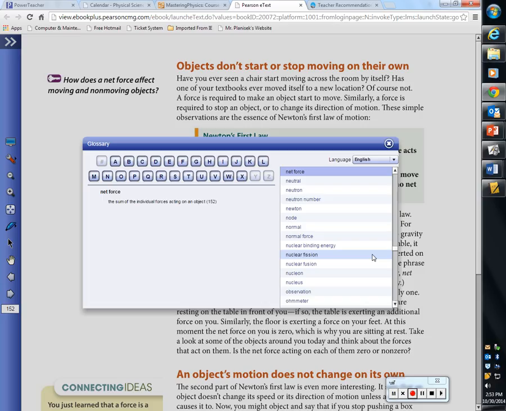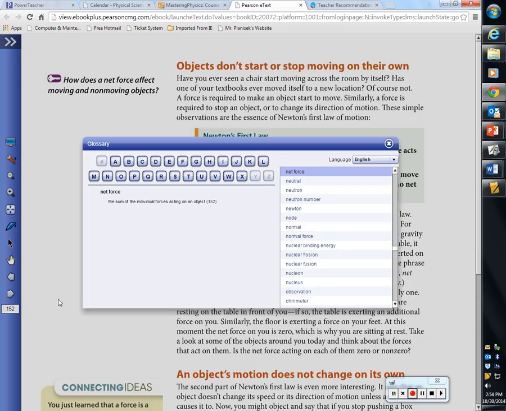Earlier, I told you that forces were vectors. The net force is the sum of forces, which means net force could go by a different name. What else could we call the net force? Might have to pull out a term from last chapter. It's the resultant force, which means we have to add forces together.